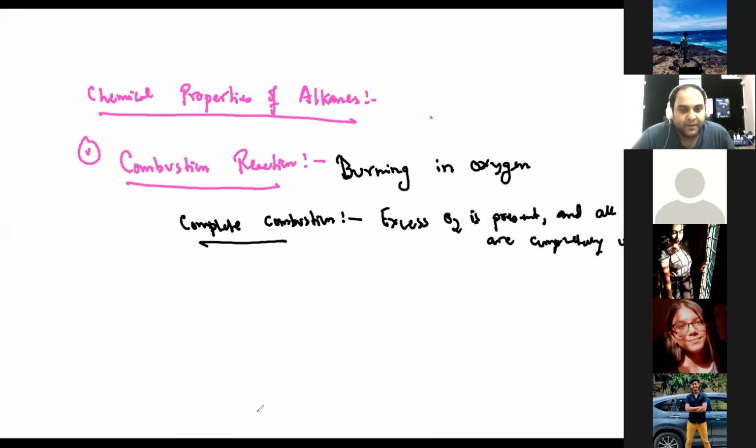So always remember, alkanes or alkenes or alcohols or carboxylic acids or esters or any hydrocarbon, whatever the thing is, they will always burn in oxygen to give us carbon dioxide plus water. Clear?